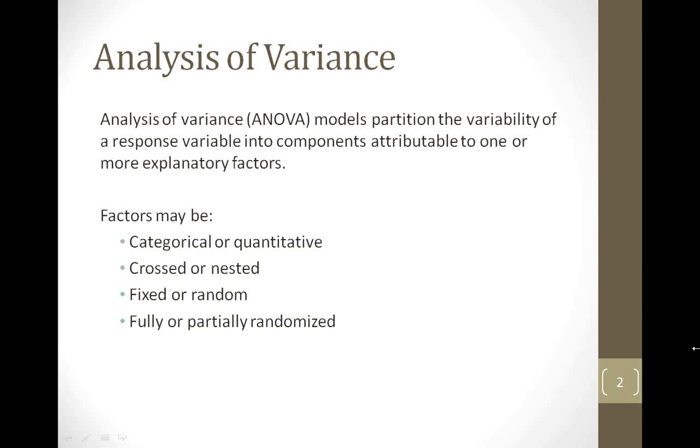Now, most of the factors we're going to look at in several examples of an analysis of variance today are categorical in nature, meaning that the values that factor can take are discrete. You know, type A, type B, type C, type D. But there are other cases where we might also want to introduce quantitative factors into our analysis of variance models.